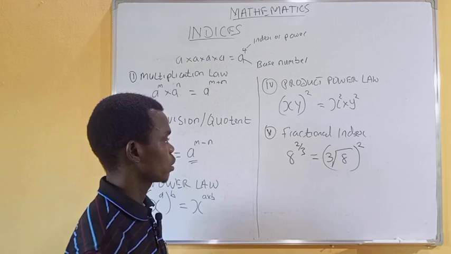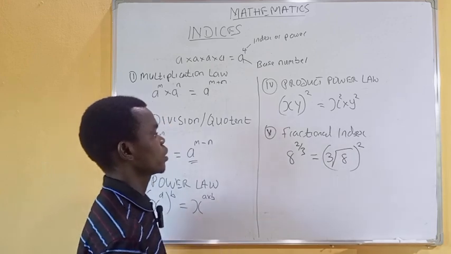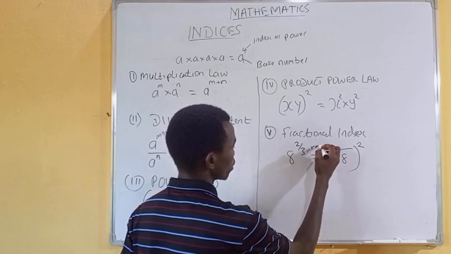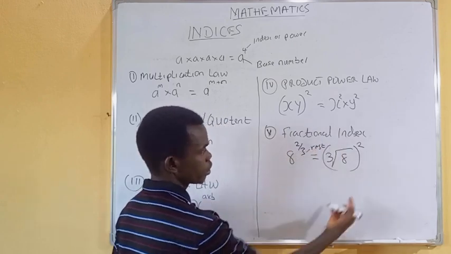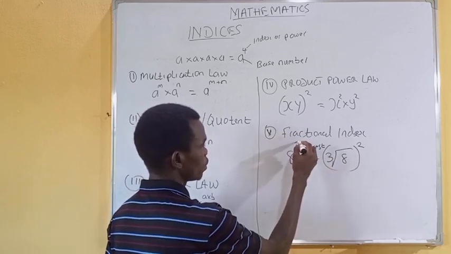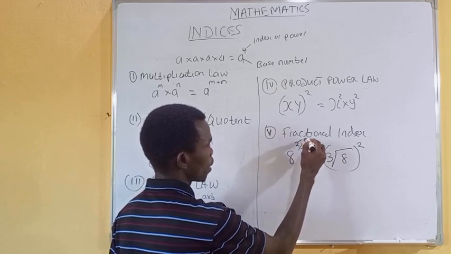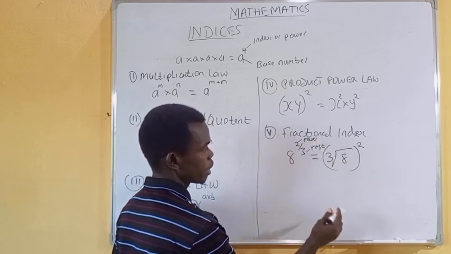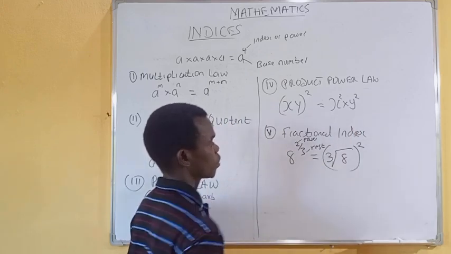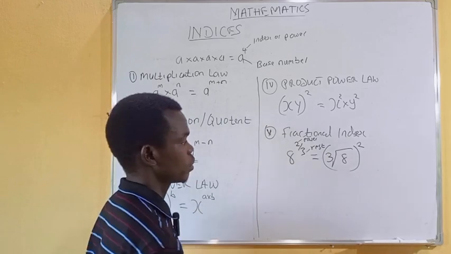But there is a way of representing it. I call the denominator the root. That is, it rests at the back of the root, while the numerator is the power. That is, everything raised to power the numerator. This is a way of representing it.